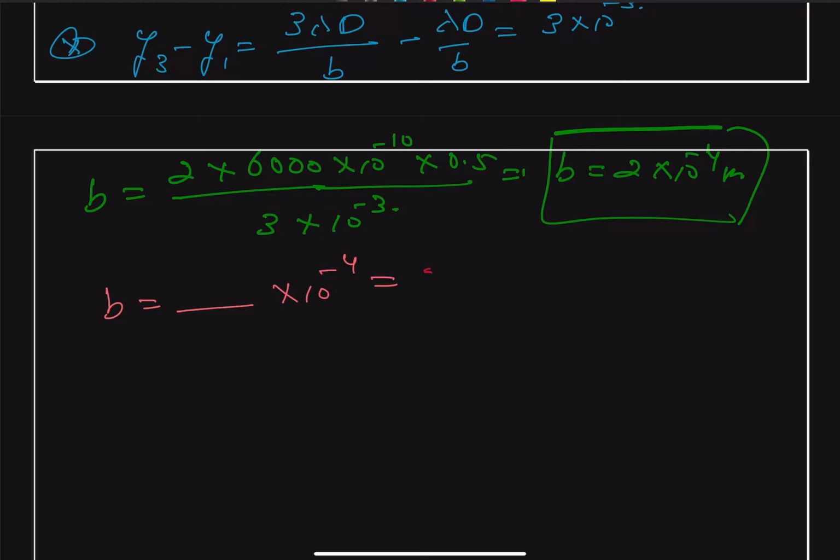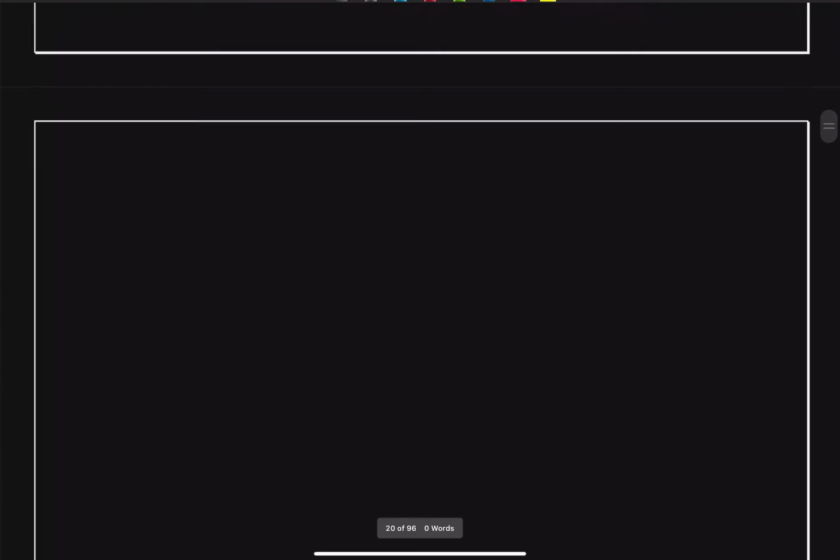So this will be equal to 2 into 10 to the power minus 4. So therefore let us call this as x. So we can say that our x is equal to 2. Next question.